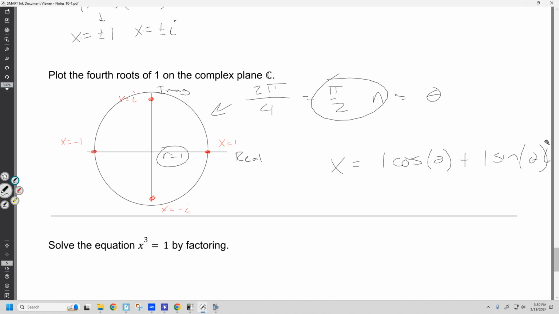We said they were pi over 4 plus pi over 2n. I just have my pi over 2n. Cool? Plug in pi over 2, boom. You got this point. Plug in pi, you got that point. Plug in 3 pi over 2, you got that point. Great, great, great.